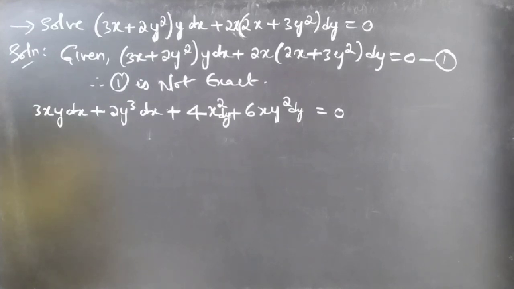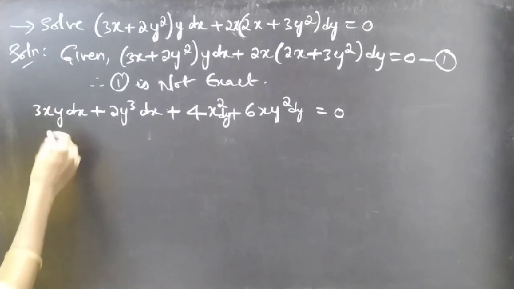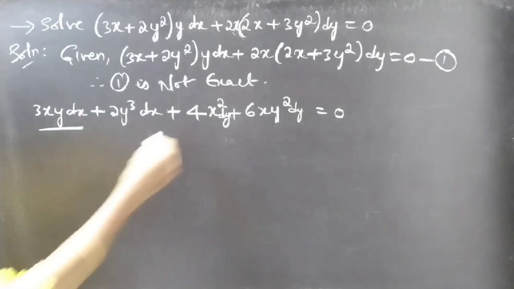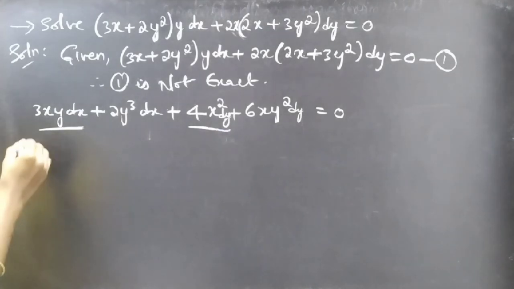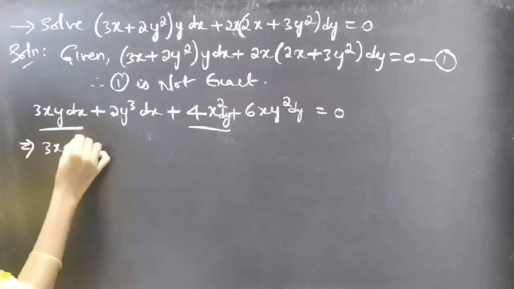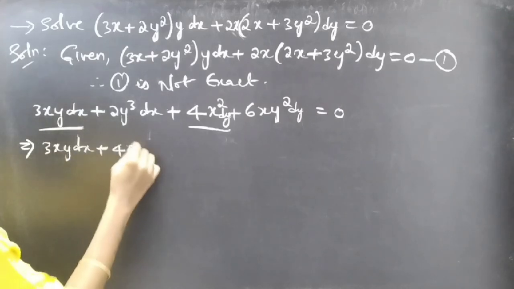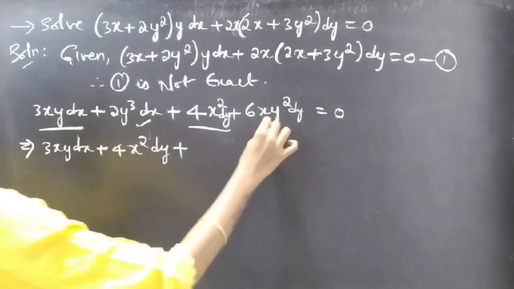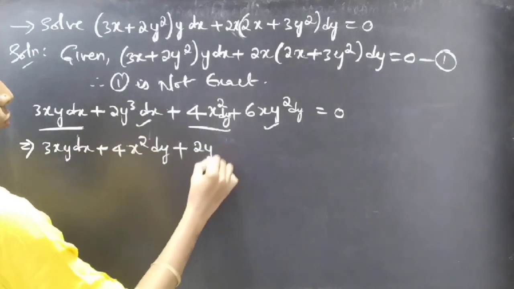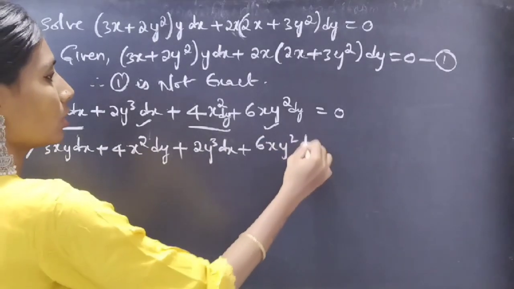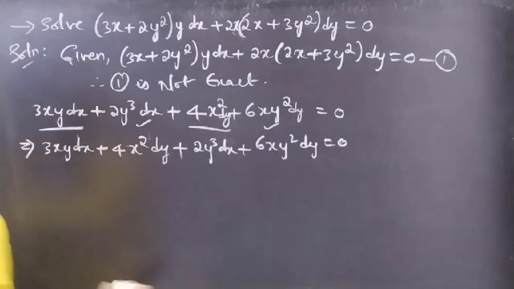Now from the first equation and third equation, let's write it together. 3xy dx plus 4x square dy plus, now write the remaining terms, 2y cube dx plus 6xy square into dy equal to 0.